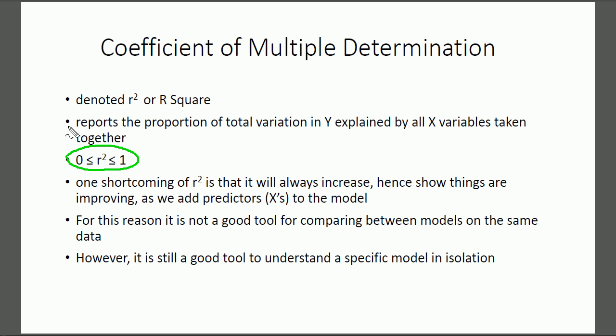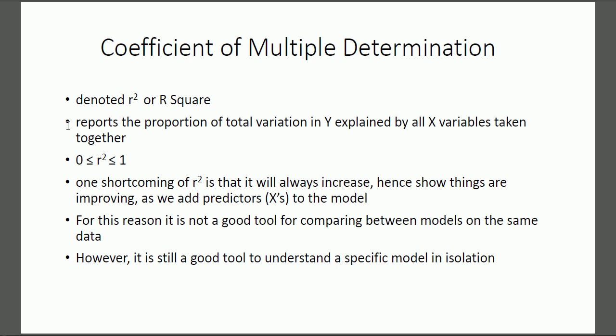Obviously, we would love to have an R-square close to 1, which would tell us that almost 100% of y is being explained by our independent variables. But oftentimes, we might be very happy to even see an R-square of 60, 70%. So it's all contextual. It depends on the type of problem we're working with, the type of research we're doing, and so forth.